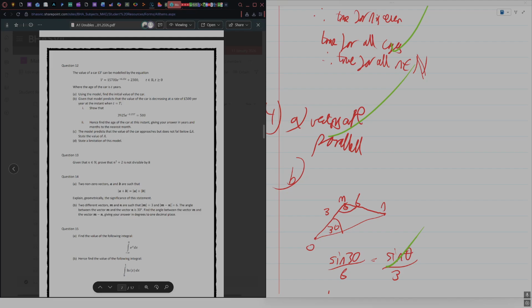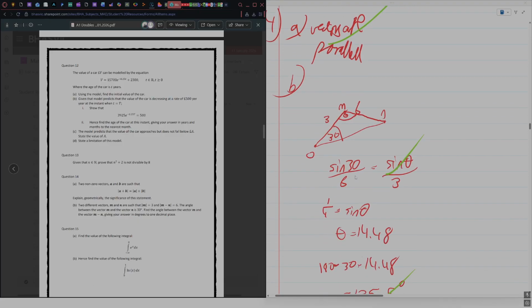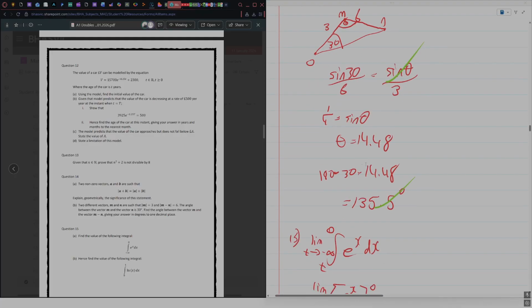And we say that the angle between this vector is 30 degrees, so we can put that in, and then the problem becomes obvious. Whatever it asks here, it's going to be some sort of GCSE trig ratio stuff. Find the angle between the vector m and the vector m minus n, so that's just this angle, so you can just do the sine rule. You can do the sine rule to find this angle here, and then you can just do 180 minus to find this angle here, and you get that answer.